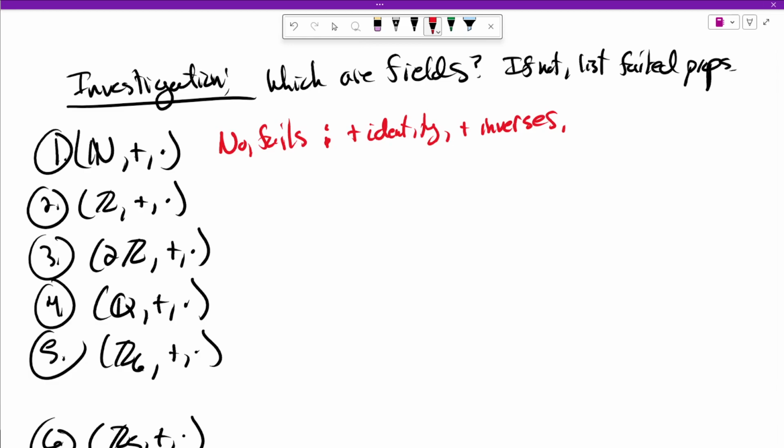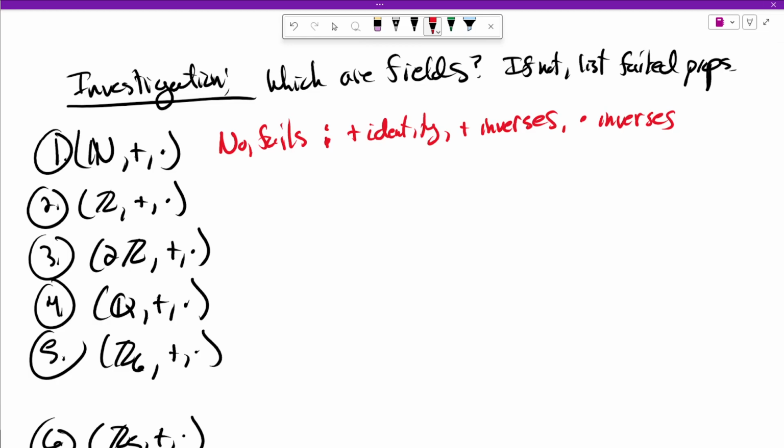Let's see, multiplication is commutative and associative, so that's okay. There's a multiplicative identity, so that's okay. I think it fails multiplicative inverses, but it does behave nicely with respect to the distributive property. So I think that's it.